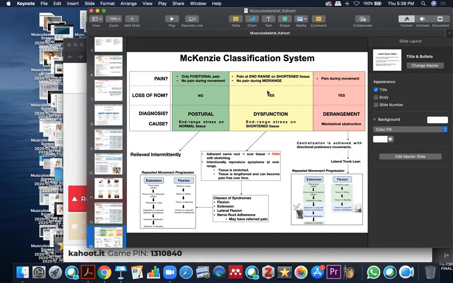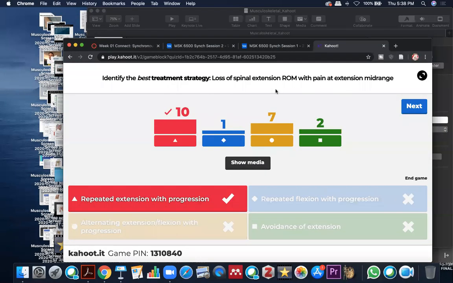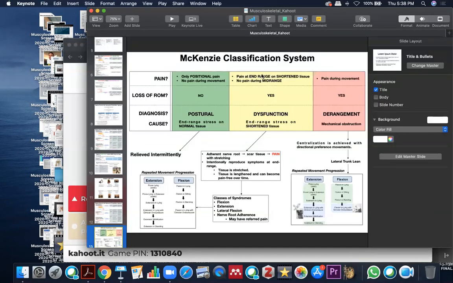And I think I may have actually meant to say pain at the end range in this question. So let's just assume that it said end range. That's my fault. If they have pain at the end range of the movement, then that would be a dysfunction.